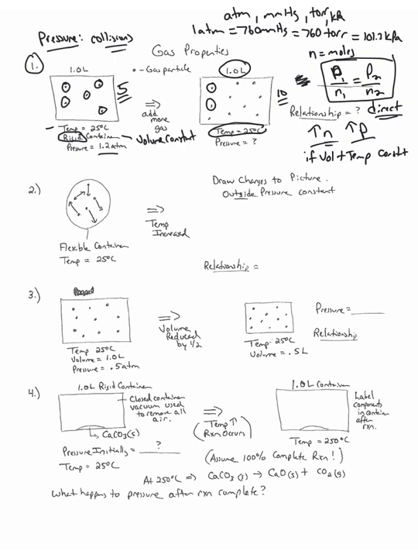All right, so now we have a flexible container. And now we're looking at the next relationship. So in this relationship here, we are going to increase the temperature. And we have a flexible container. So now we are looking at the relationship between volume and temperature of a gas.